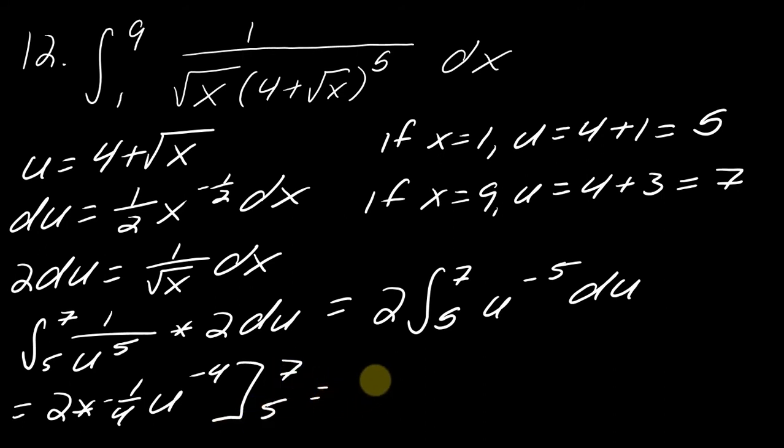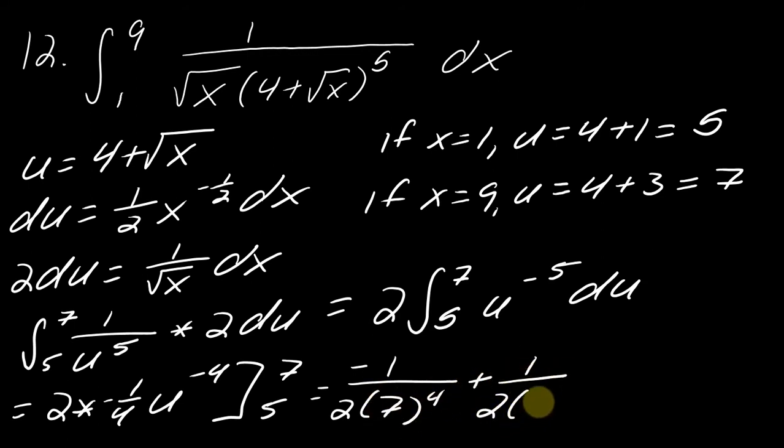So what I get here then is negative 1/2 times 7 to the 4th plus 1/2 times 5 to the 4th. So there's all the math that goes into that.